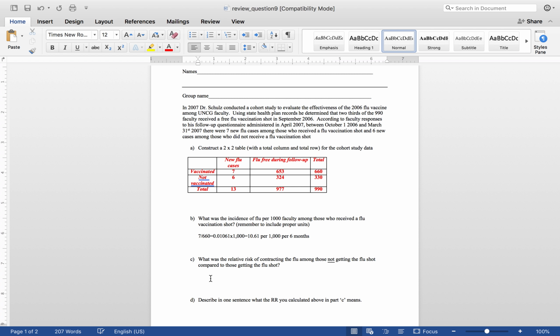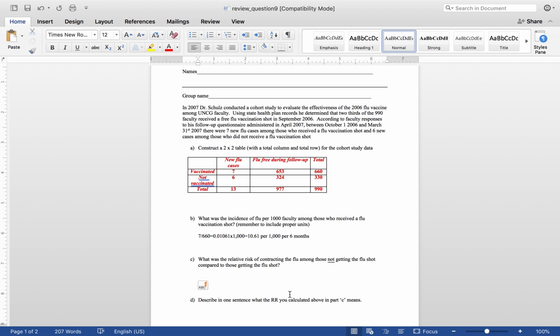So if you're a little confused on the exposed versus non-exposed, just remember we're comparing two groups. You can just think of it as comparing the incidence rates of Group A versus the incidence in Group B. So for this item, we're looking at the relative risk of contracting flu among those not getting the flu shot. So what is the incidence of flu in those not getting the flu shot?